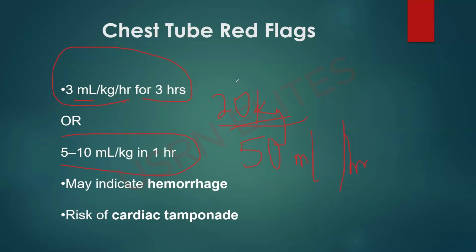I'm saying the kid is 20 kg, right? 20 kg multiplied by 10 is 200. So I said if the child is giving you 50 mils in 1 hour, is it normal or abnormal? It's normal.